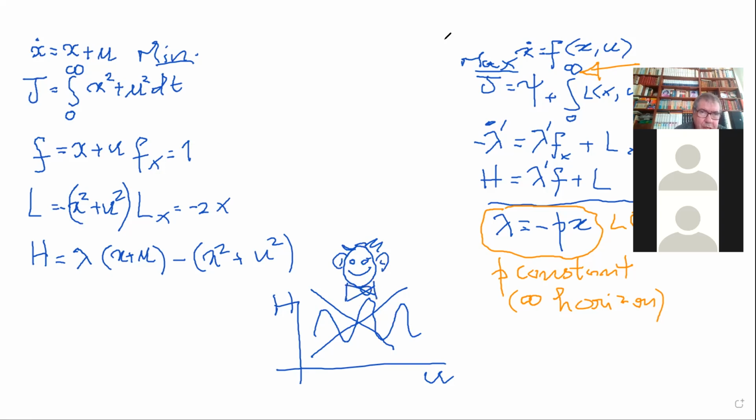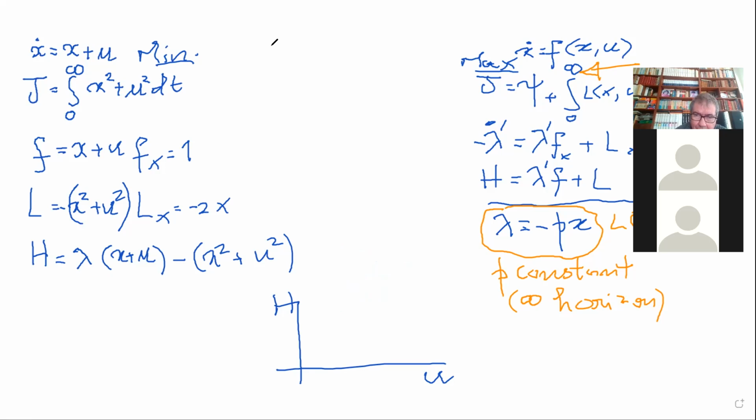Let's cancel out what is not correct. So it's not a straight line. Could it be a sinusoid? No. So what is the form of the function? Look here.